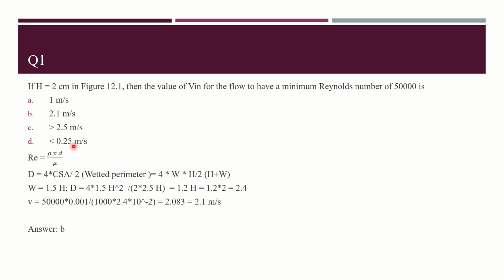Apart from that, we know the density of water, so rho is known, V we need to find out, D we need to calculate, and mu is given as 0.001 Newton second per meter square, and the Reynolds number is given as 50,000. So the only unknown remaining is V, and the only thing we need to calculate is D.